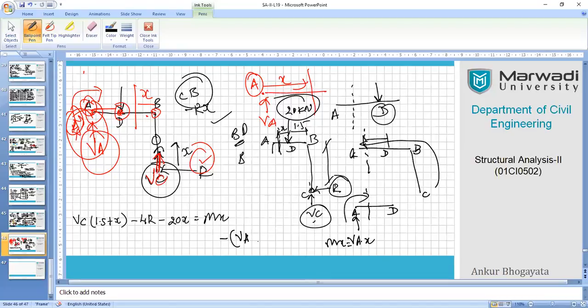So VA into X, which you need to expand. VA is already with us as 10 minus 4 by 3 R, right? Okay, I got your point, Birendra, what you were discussing. When this is negative and that is also a negative value, that's where you were a little bit confused.